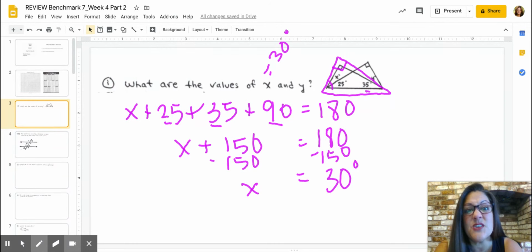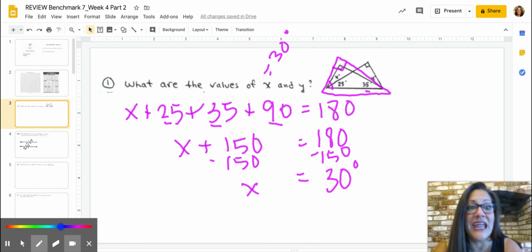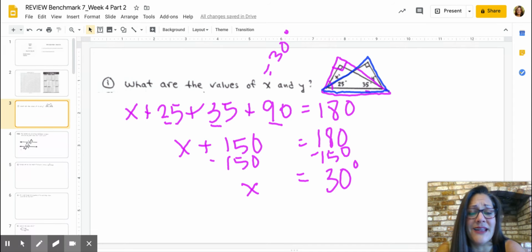And so now we need to do the same thing for angle y. That is over here. I am just going to keep writing because look how cool this is. So x plus 35 is whatever this angle is here. It's going to end up being the same thing except y.